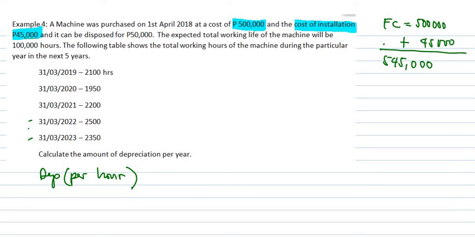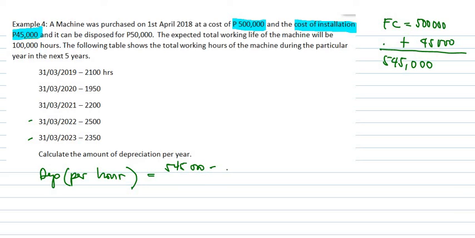So by this time, we will first compute the depreciation per hour, which is equivalent to the first cost, 545,000, minus the salvage value. If you noticed in the first statement, we can dispose it for 50,000, so that will be our recovery amount, which is our salvage value.